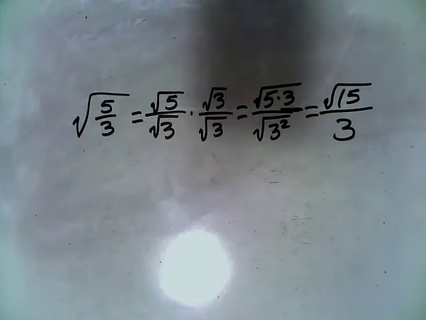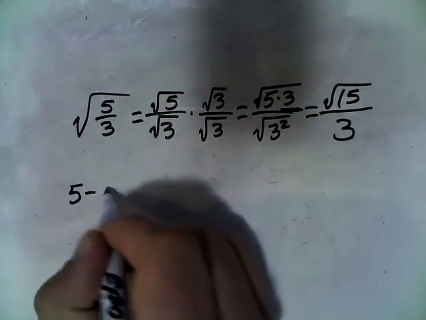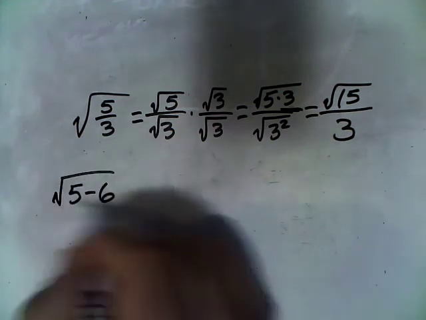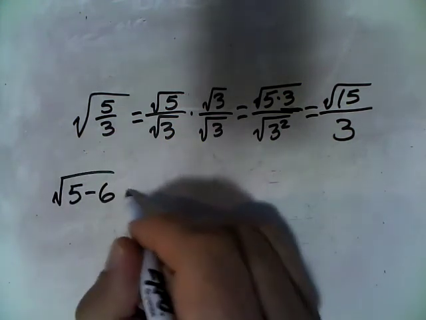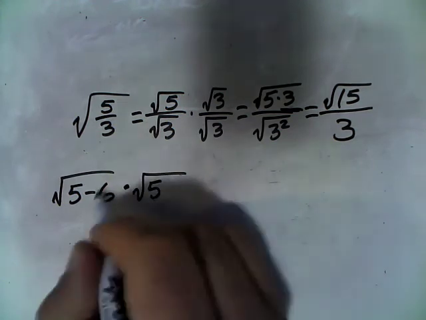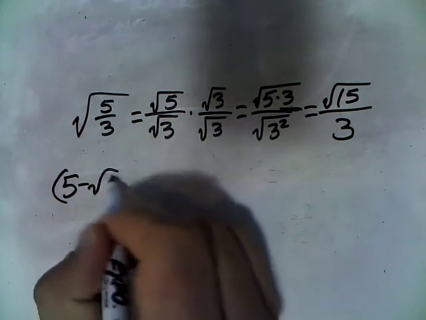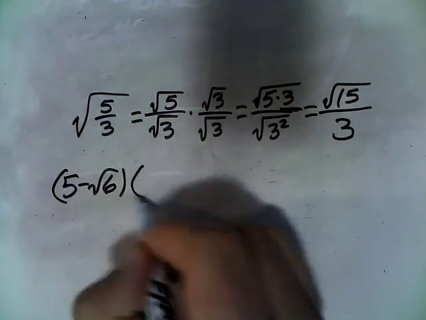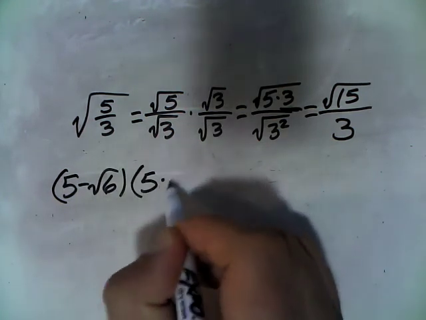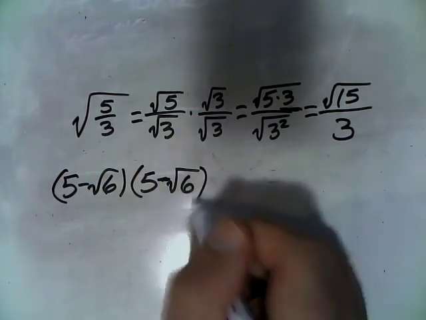So if I take a look at D, if I end up taking 5 minus the square root of 6, and I multiply that by the square root of 6 minus the square root of 6.